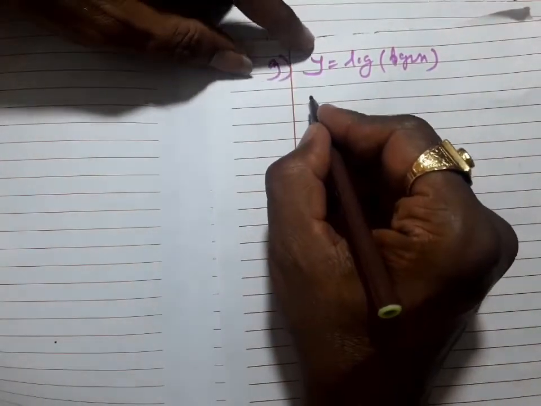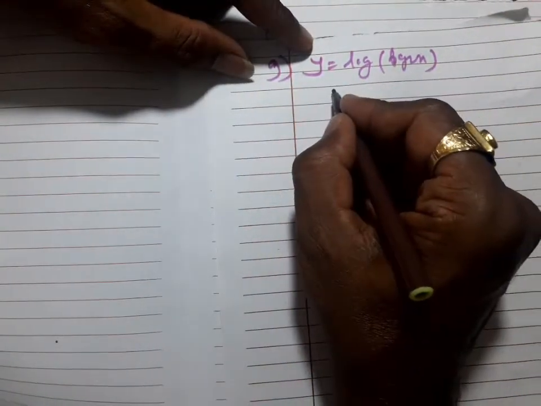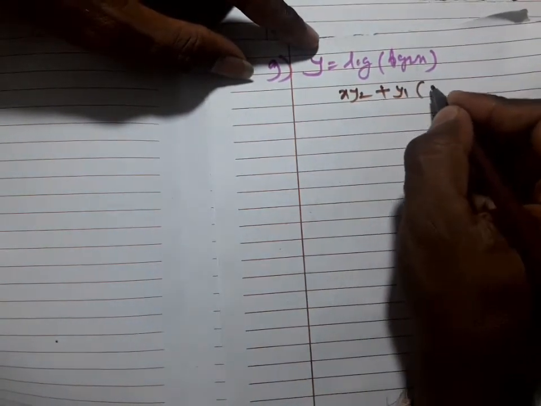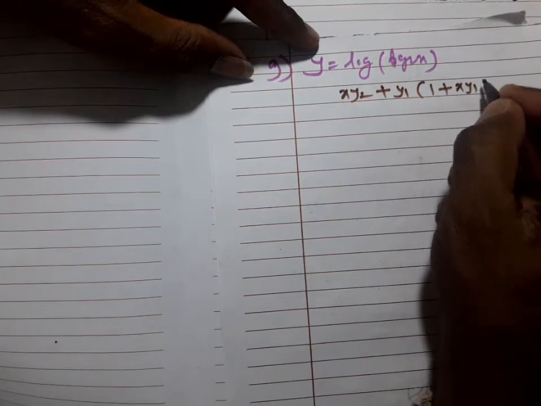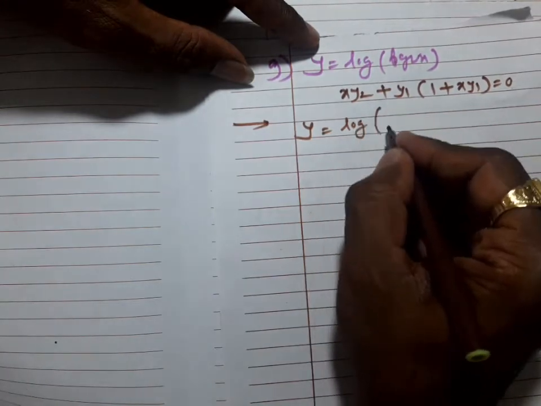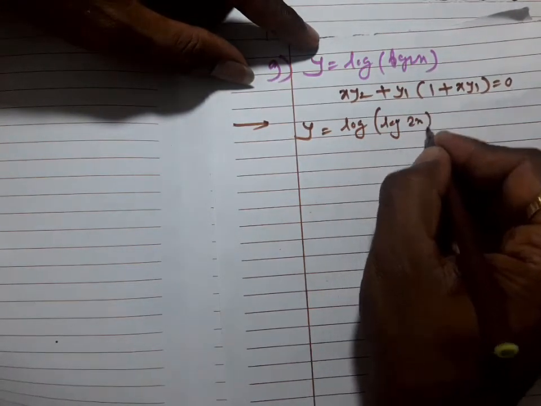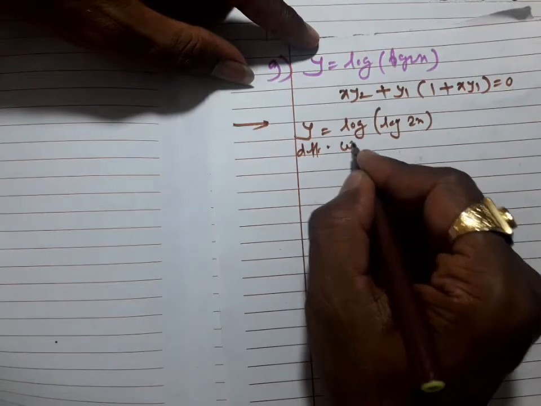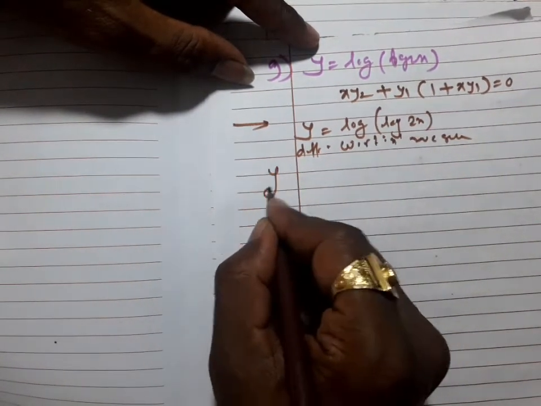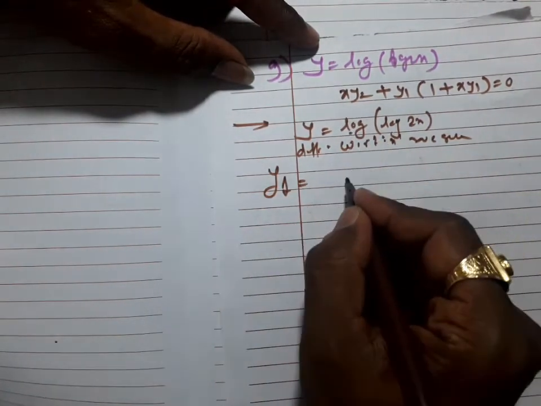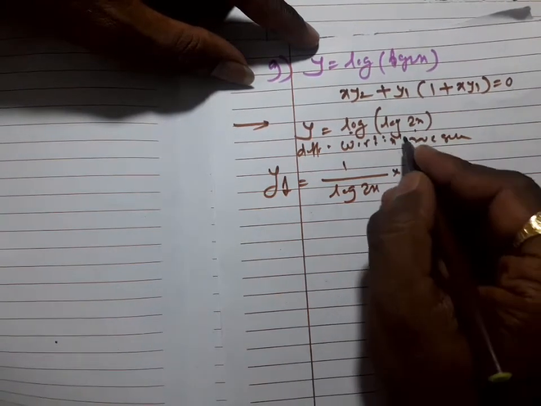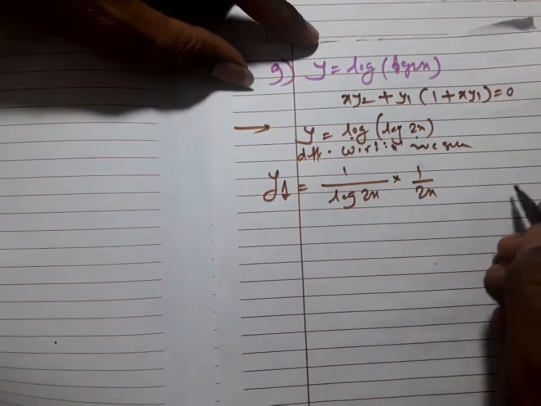Example number 9, y is log of log 2x, then show that xy2 plus y1, 1 plus xy1 is equal to 0. Now y is equal to log of log 2x. Differentiate with respect to x, we get y1, it is log, so 1 upon log 2x, and the derivative of log 2x is 1 upon 2x.